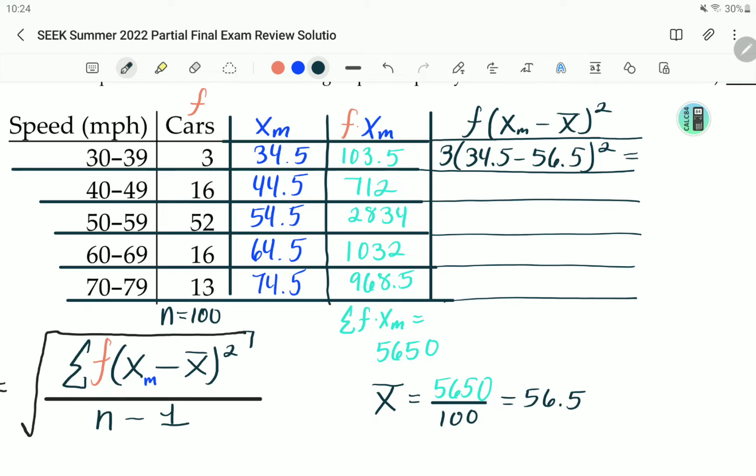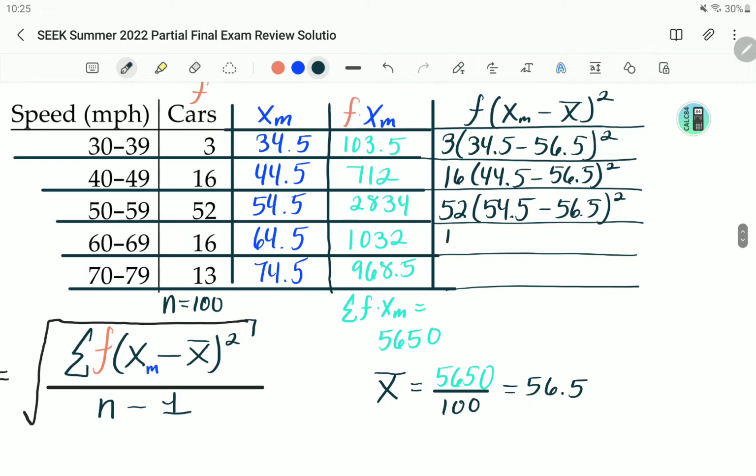For the second one, that is the frequency of 16, minus the midpoint of 44.5, minus our mean, which is 56.5, squared. Frequency of 52 times our midpoint, 54.5, minus the mean, 56.5, squared.